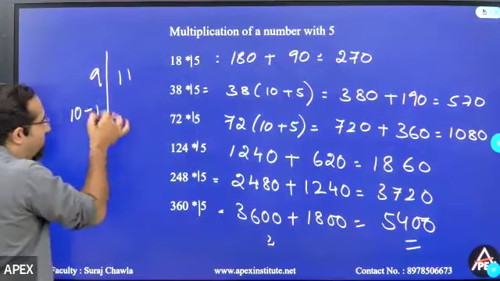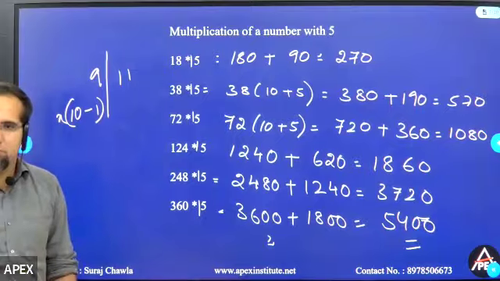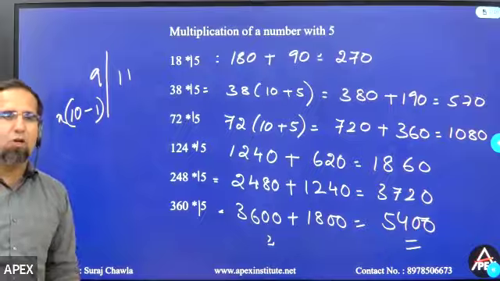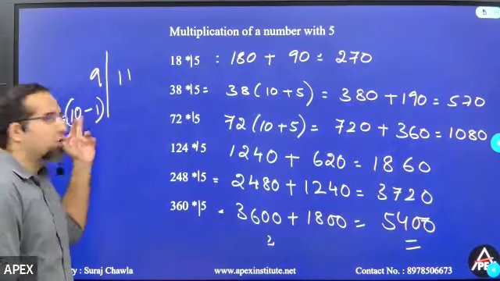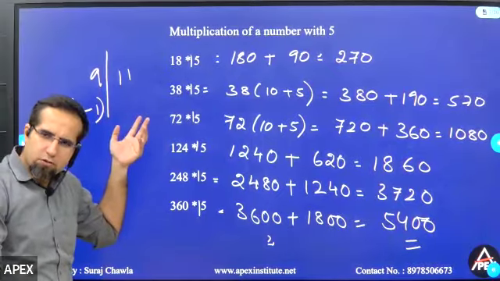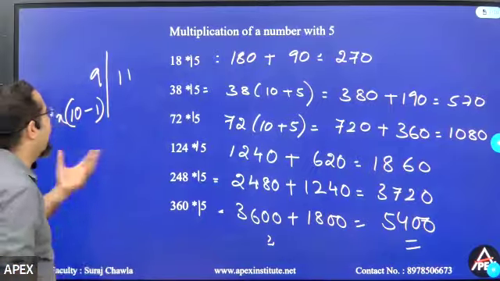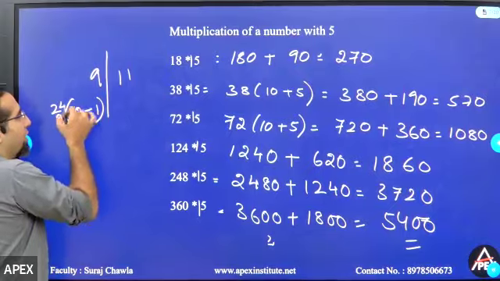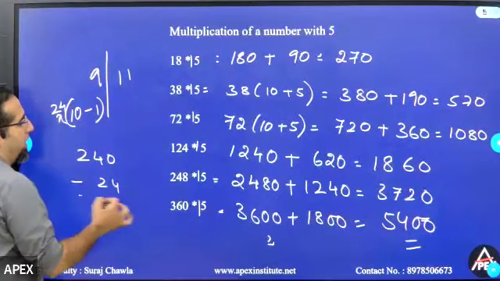Because multiplying a number by 10, I don't need time. Suppose I want 24 into 9. Now, that can be written as 24 into 10 minus 1. So, what is 24 into 10? 240. That means I need not take time to calculate. So, I can directly write 24 into 9 as 240 minus 24.